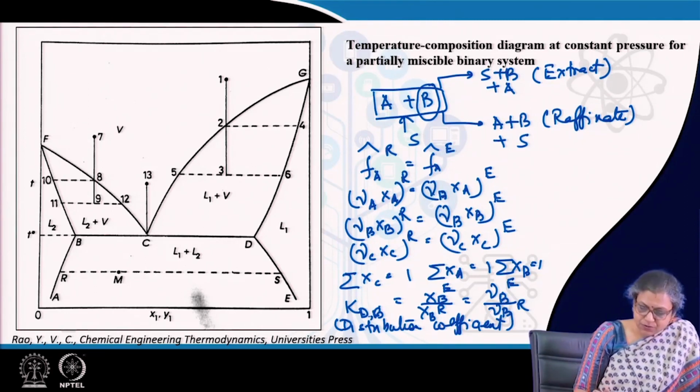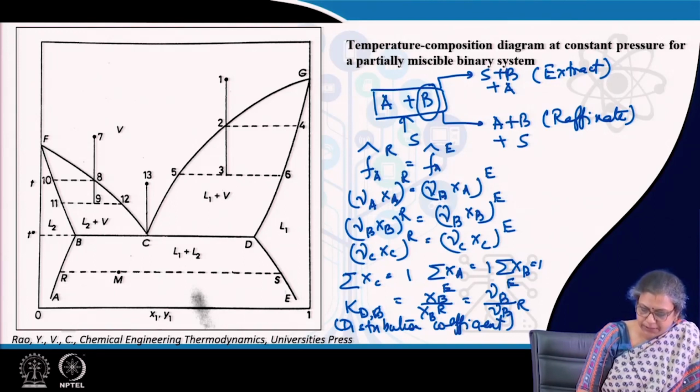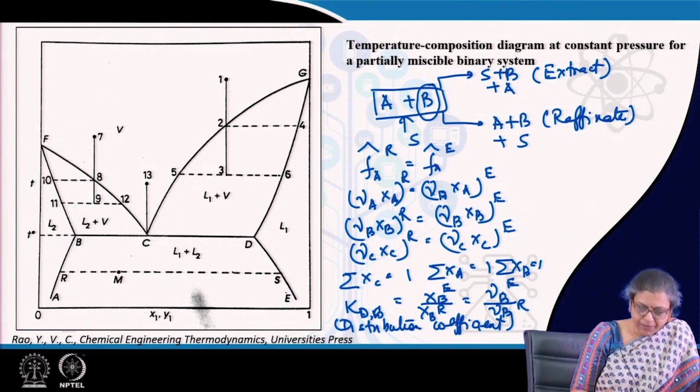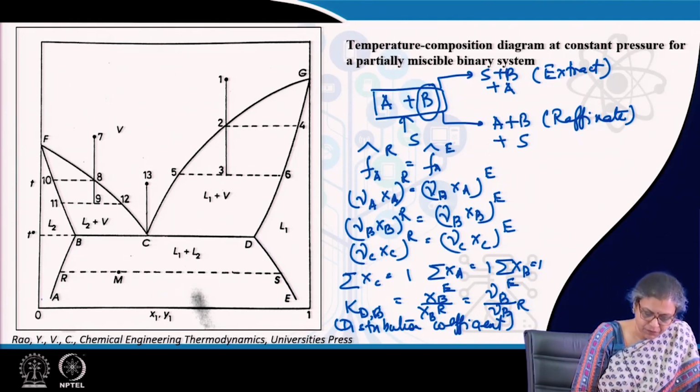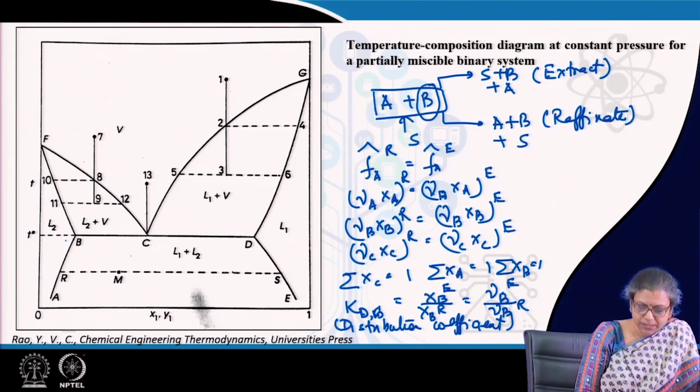And just to show you that when we are performing liquid extraction, we are actually operating in this particular zone. As you can see, this is a typical liquid-liquid extraction curve. We find that in this particular zone, when one particular liquid is in a very small proportion, the two liquids are miscible.